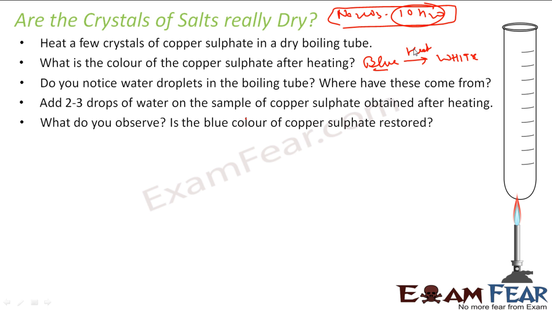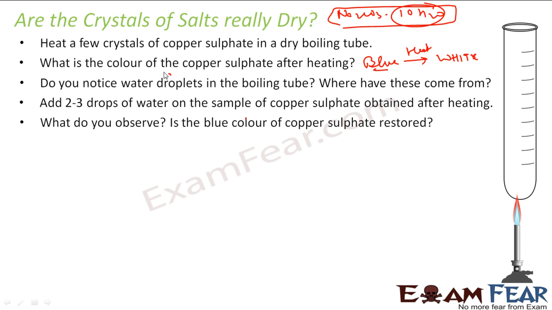The copper sulfate crystal is actually blue in color, but the moment you heat it, it becomes white, and when you put water in it again, it becomes blue. That means something is happening. When you heat it, the water is gone.